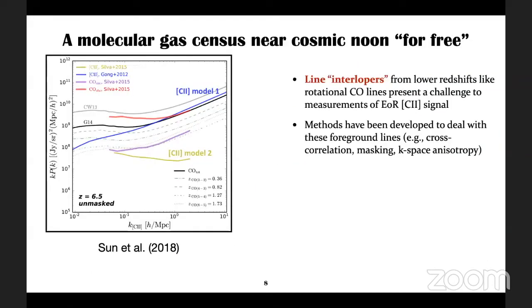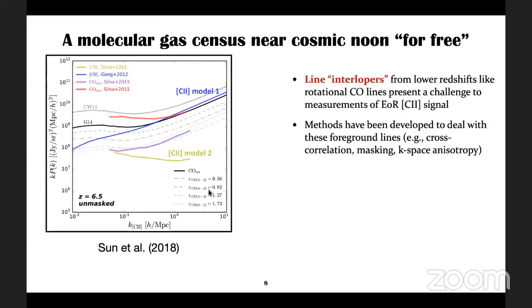All right, so just before finishing, I would like to spend a few more words about the issue of contamination due to foreground emission lines, as well as the opportunities they bring. So in practice, TIME will not only see the EoR [CII] signal, but also pick up a series of CO rotational lines from lower redshift, as you can see in this plot.